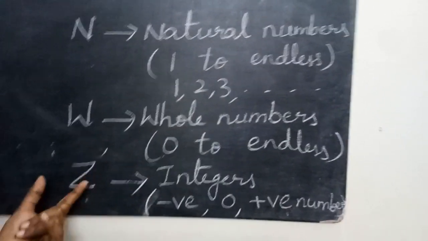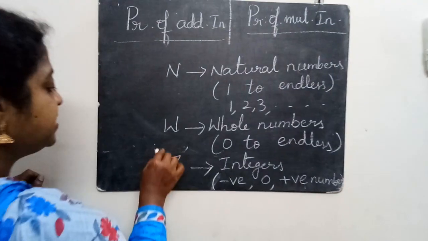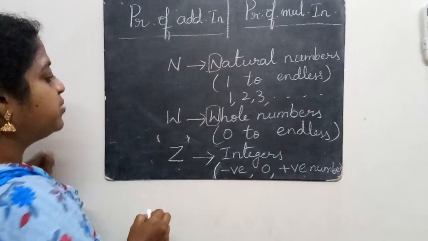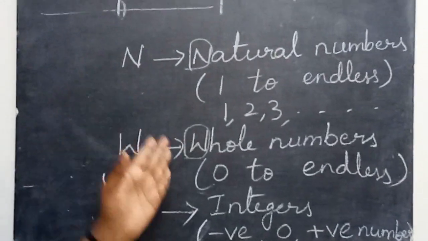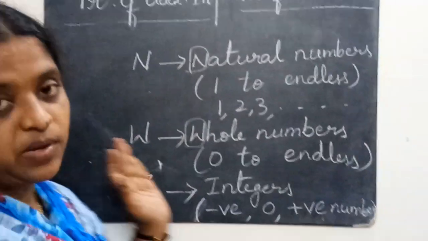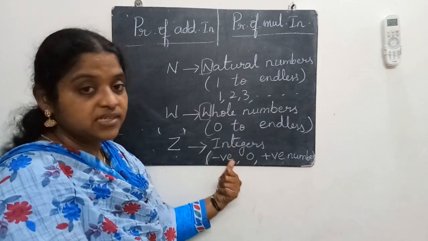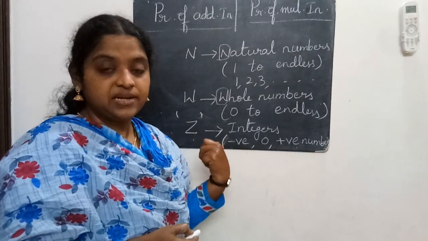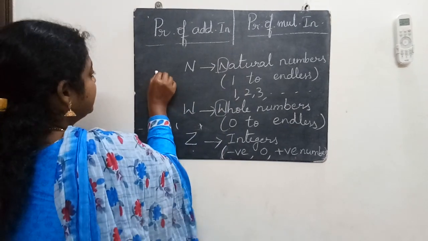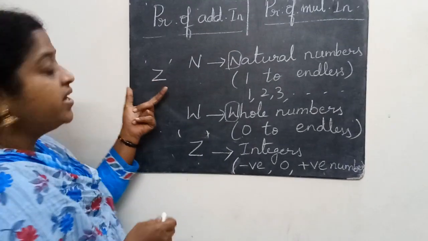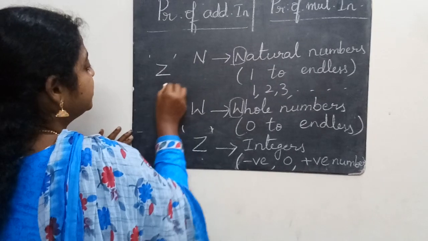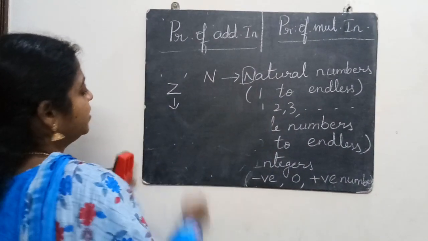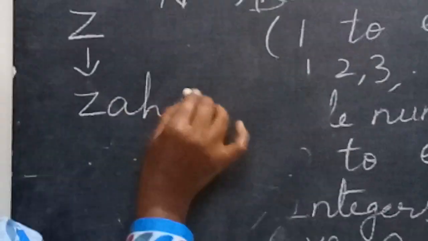Clear? So why are integers denoted by Z? Natural numbers, whole numbers, first letter, see here. So easily we can recognize that N means natural numbers and W means whole numbers. But here for integers we are denoting the letter Z. So what is the reason why we are denoting the letter Z for integers, children? Z is from a German word, Zahlen, Z-A-H-L-E-N.